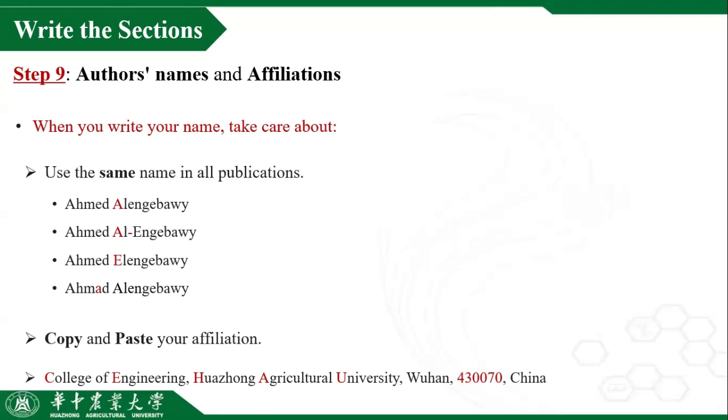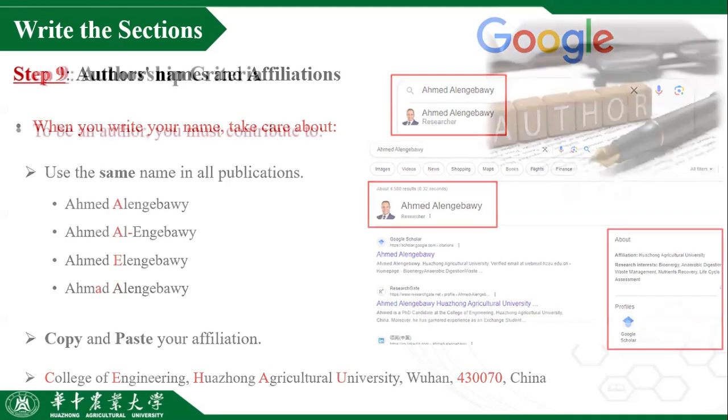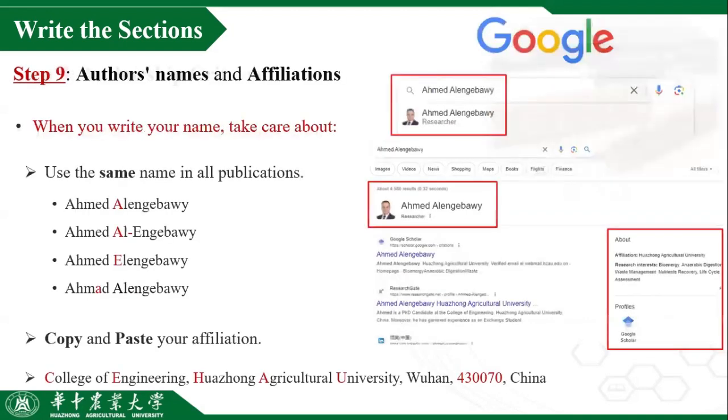You are free to use your name, but if you use one name, use it in all your publications, so that you can get your credit from Google or other platforms and get recognized by different platforms.